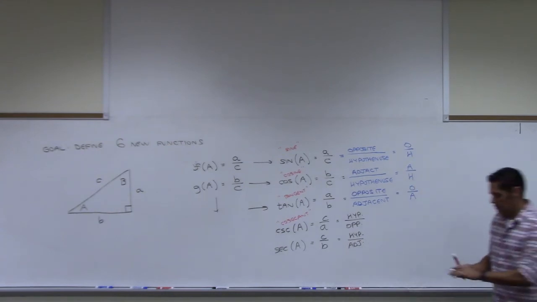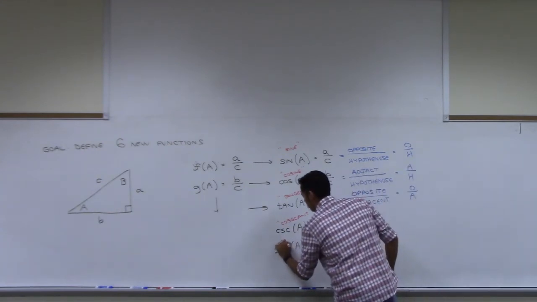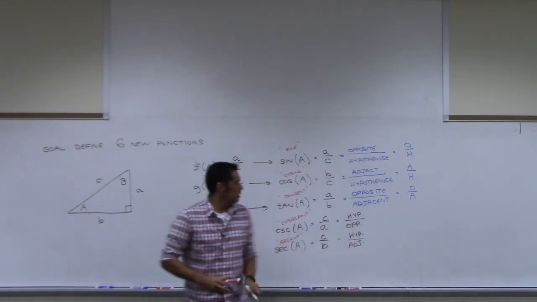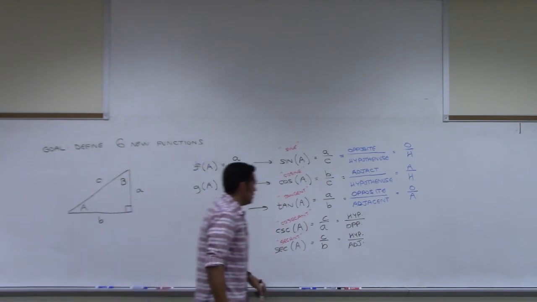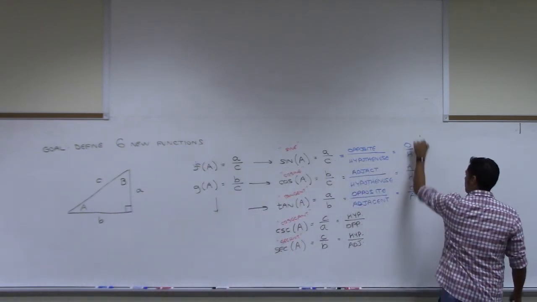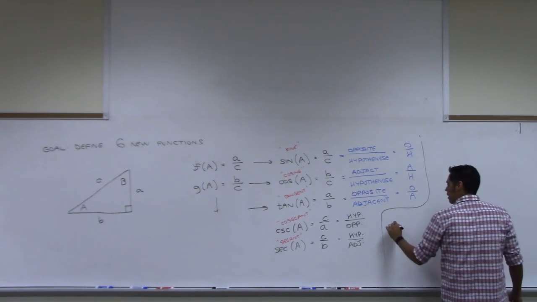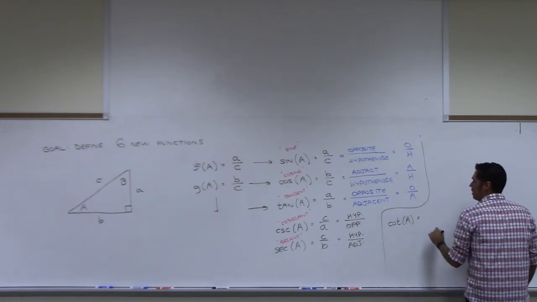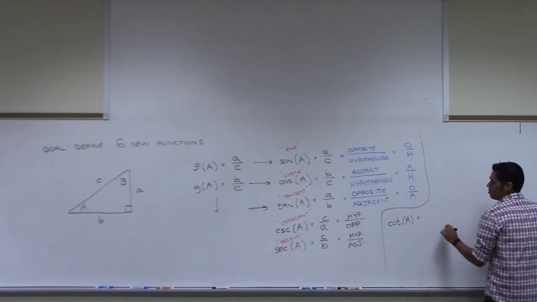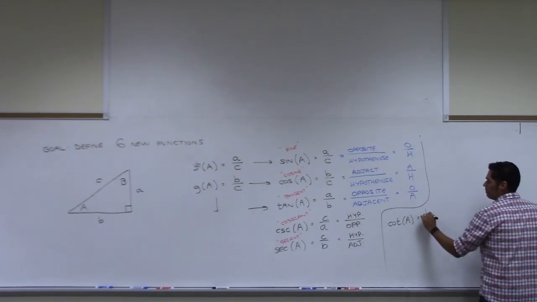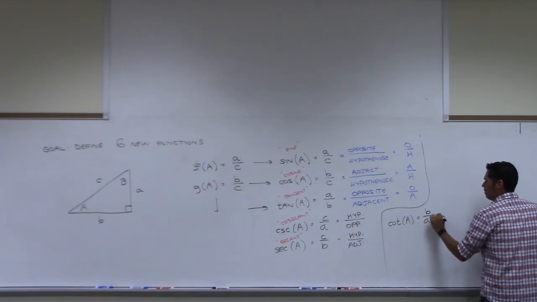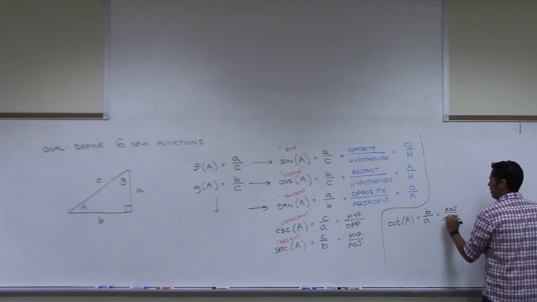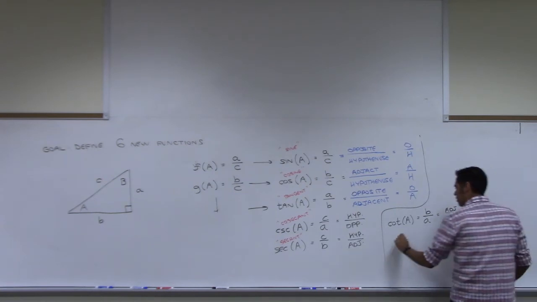And the last one is called cotangent. I'm running out of room down here, so I'm going to squeeze it in right here. Last one is cotangent, COT. And that would be your, which letter over which letter? B over A, which is your adjacent over your opposite. And that's cotangent.